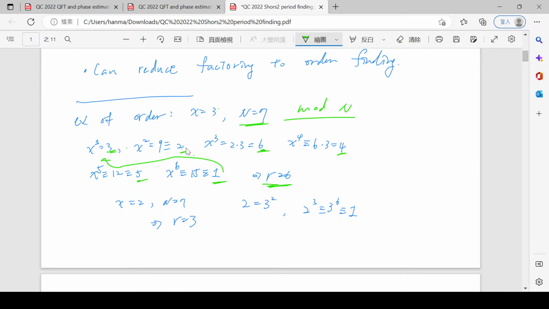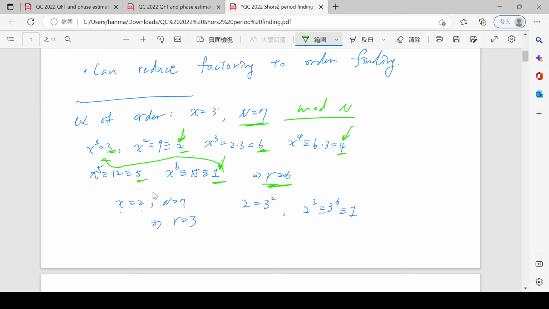So for example, if x equals 2, and you still take n equal to 7, then the order is going to be 3, because 2 is here, then 2 squared becomes here, then 2 cubed becomes here, right?